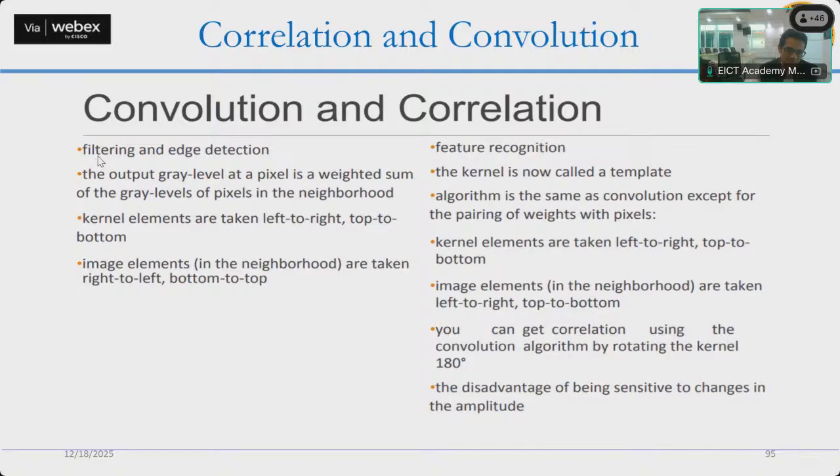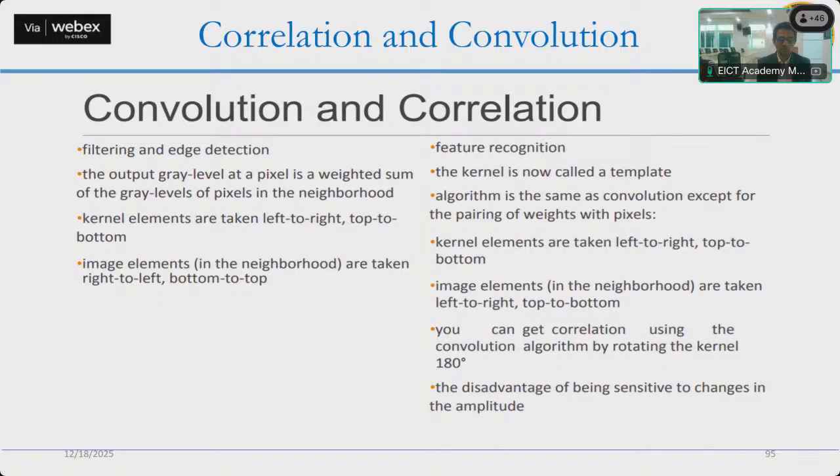One of the impacts is filtering and edge detection. Filtering means you are able to find out some particular values when you apply the mask. You will also use the convolution operation very frequently for edge detection.